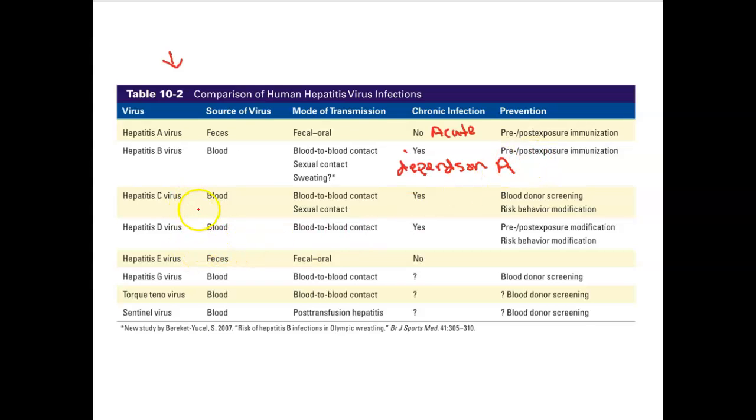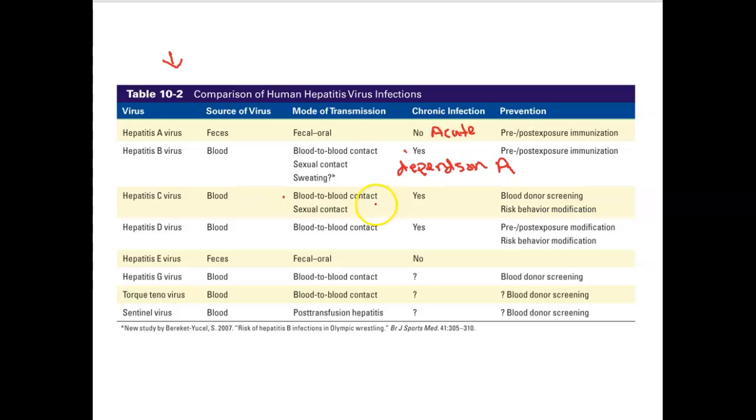Hepatitis C is not spread through fecal-oral contact. It's spread through blood contact like B. Right, so hepatitis C through any type of blood-to-blood contact, sexual contact, sharing needles. Now, this used to be in the blood supply, but they screen for it now.